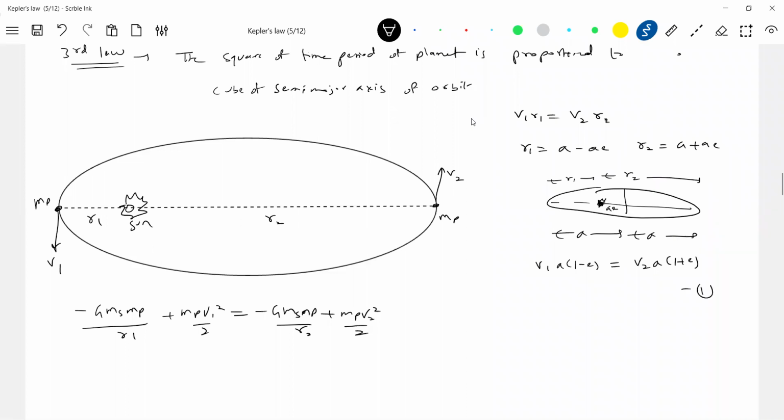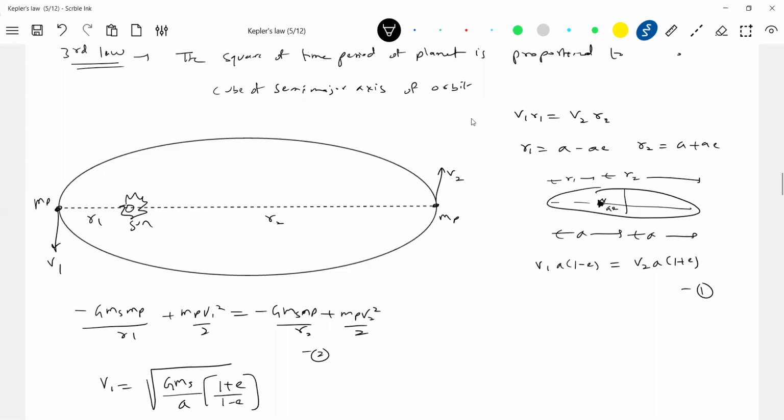Solving equations 1 and 2, I'll get expressions for V1 and V2. I'll directly write it. Later on, if you want, you can cross-check it. So what is the expression for V1? V1 will become the square root of G times the mass of sun by semi-major axis, times (1 plus e) by (1 minus e). This is the expression for the speed of planet at near point.